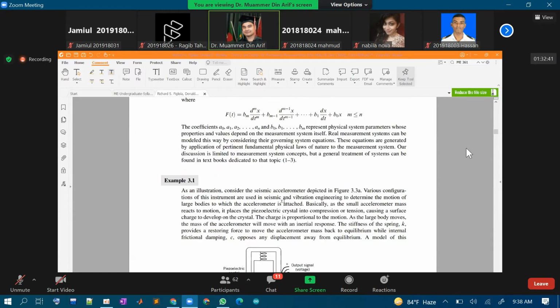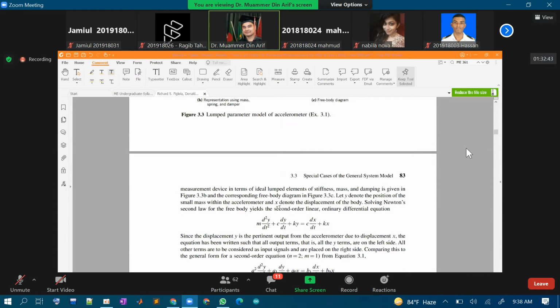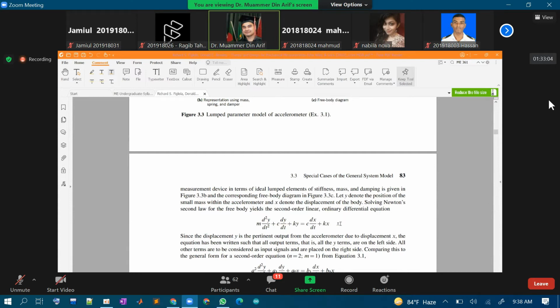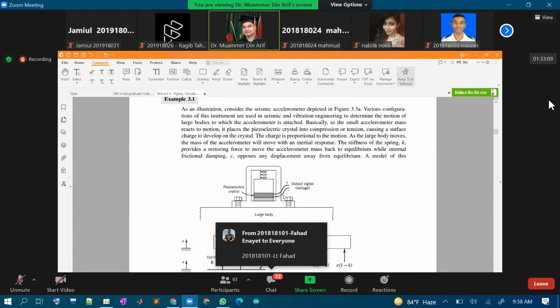So let me go down and see. Yes, right here. You have one constant, second order, second constant, first order, third constant, no different derivative. And on this side you have dx. And therefore you have model a very nice way of an accelerometer like that.